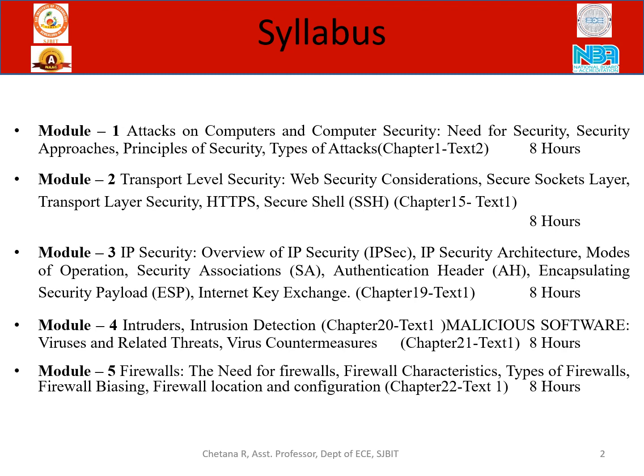The second module deals with transport level security, where the security has to be provided during transportation, or in the transport layer, and the requirement is based on web security considerations. So the web requires security and it is a peer-to-peer network.